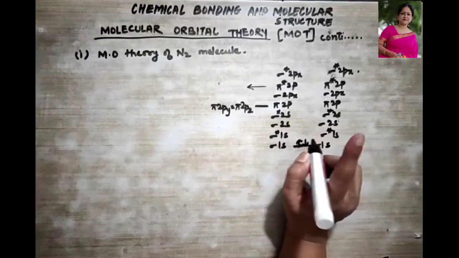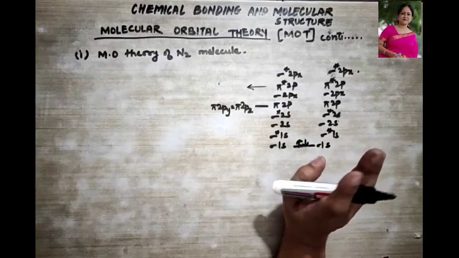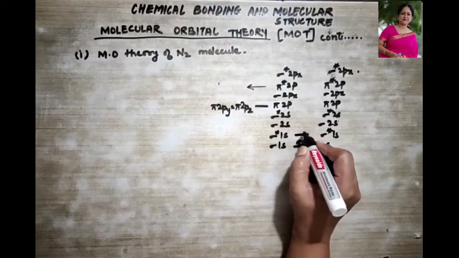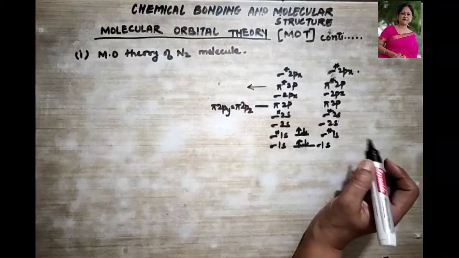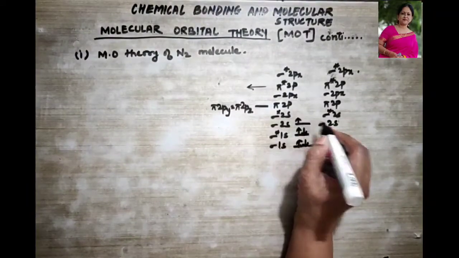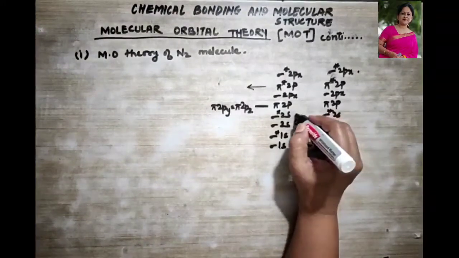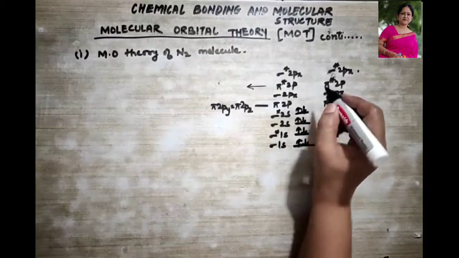Do remember they are going to follow all three principles: Aufbau, Hund's and Pauli's exclusion. Now over here one electron anti-spin of the antibonding. Here one electron, anti-spin from the other. Here one electron, anti-spin from the other.